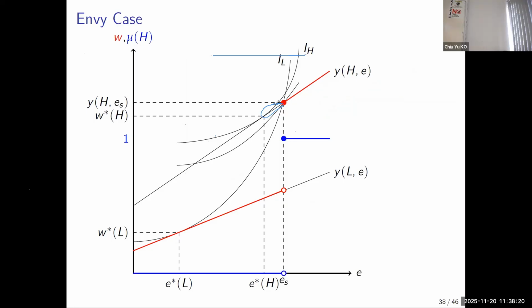And because of the envy, right, you can still, this is not dominated. Okay. But what about this one? Okay. This one I said is free. Okay. But this one must be flat.